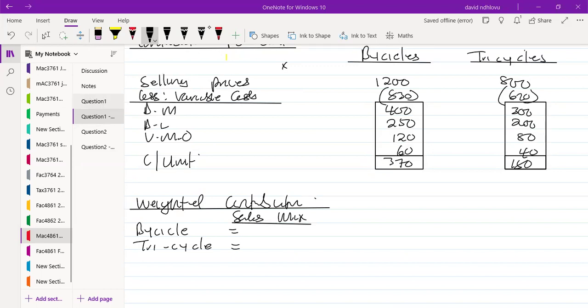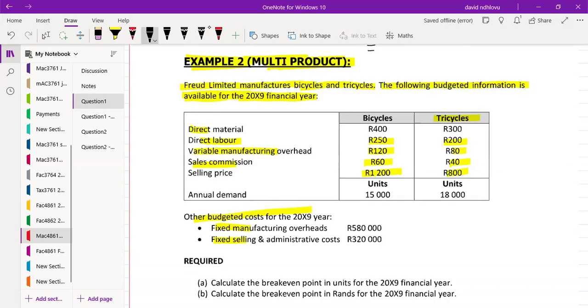What you do is go to your question and determine, according to your sales plan, how many units of each product are planned for sales. We've got annual demand of 15 and 18.